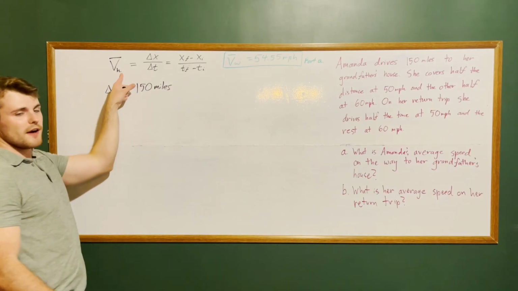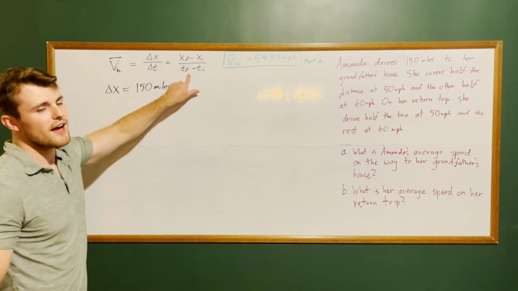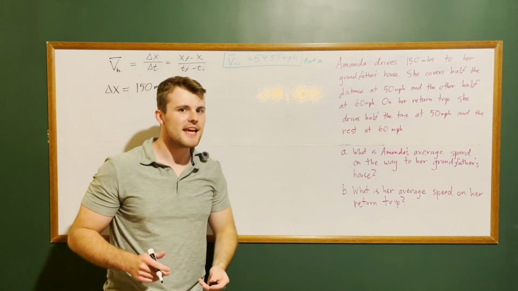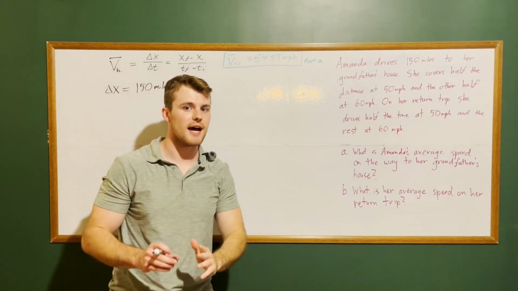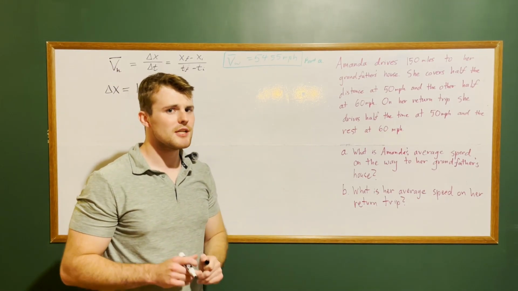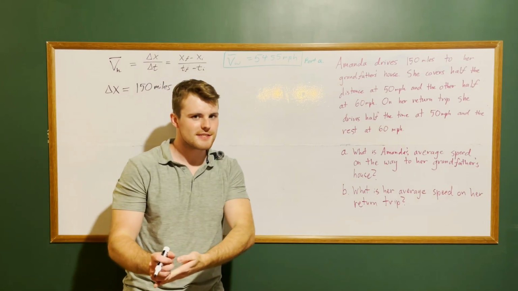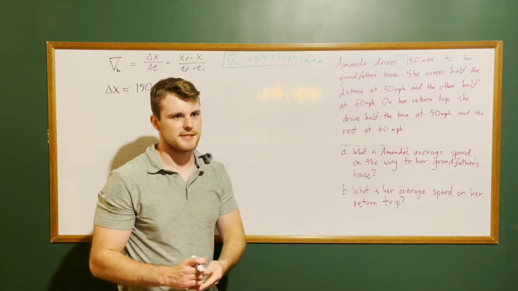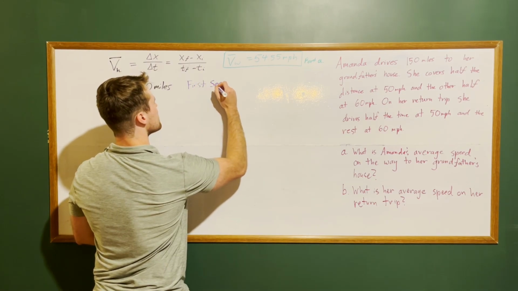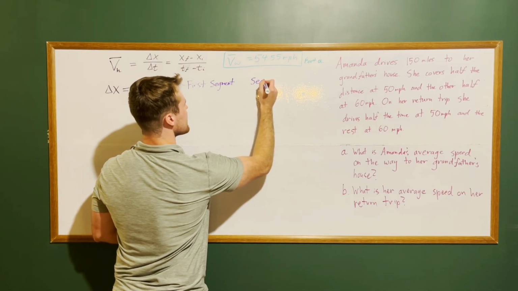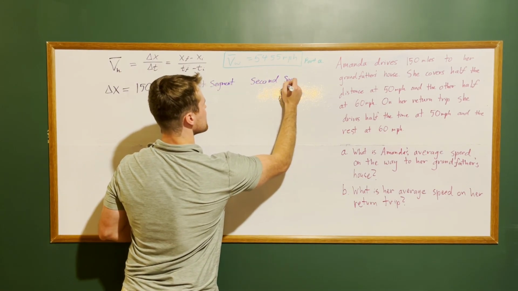Well, we're trying to find velocity, and we don't have our time. So my main tactic for this problem is to figure out what this total time is. The way I'm going to do that is divide this part of the problem down into two segments again. First segment, and then, of course, second segment.